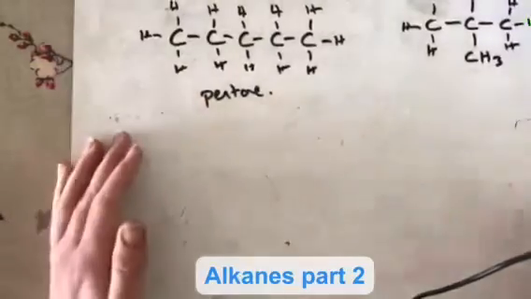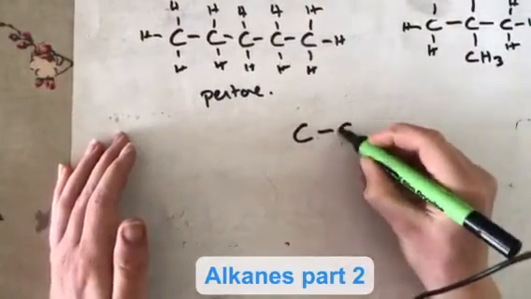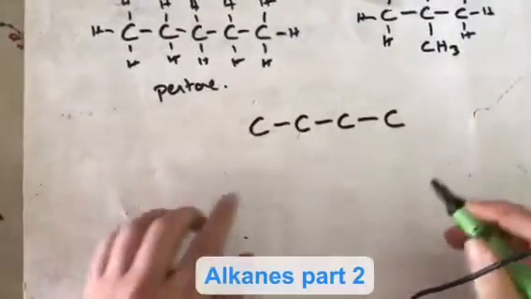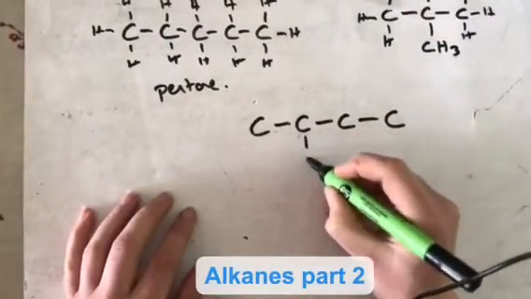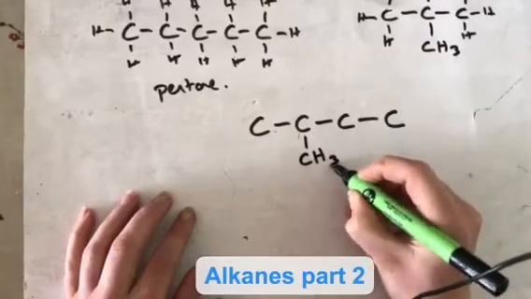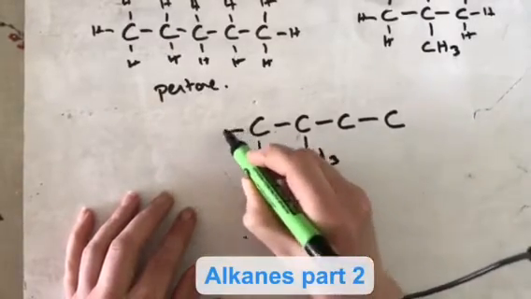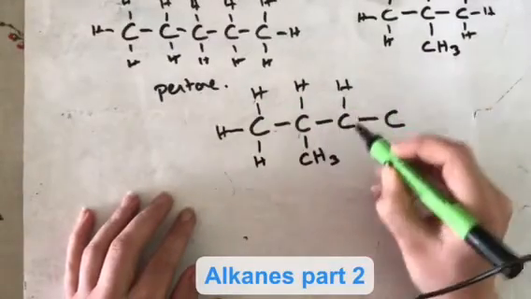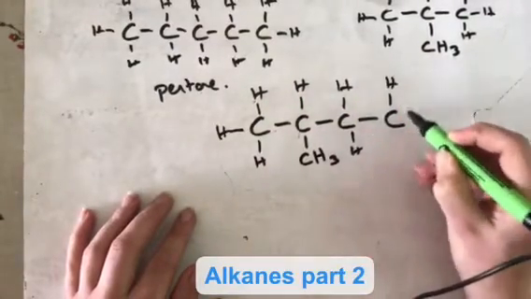Let's see if we can make another one. So this time we've got 4 carbons in a row with 1 CH3. And each carbon still has 4 things attached.